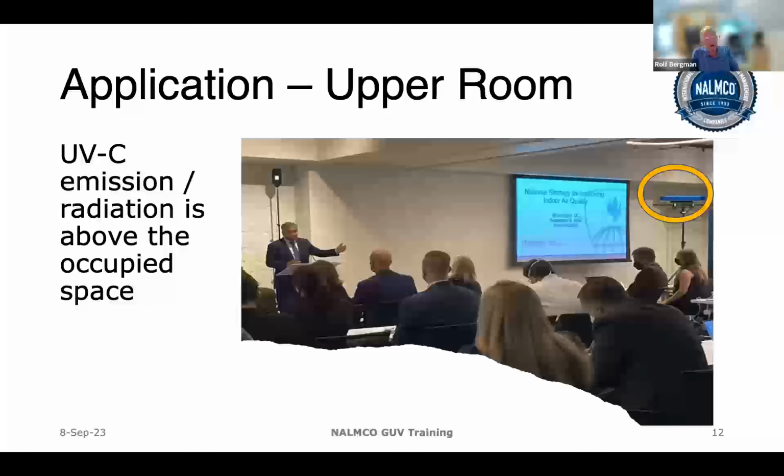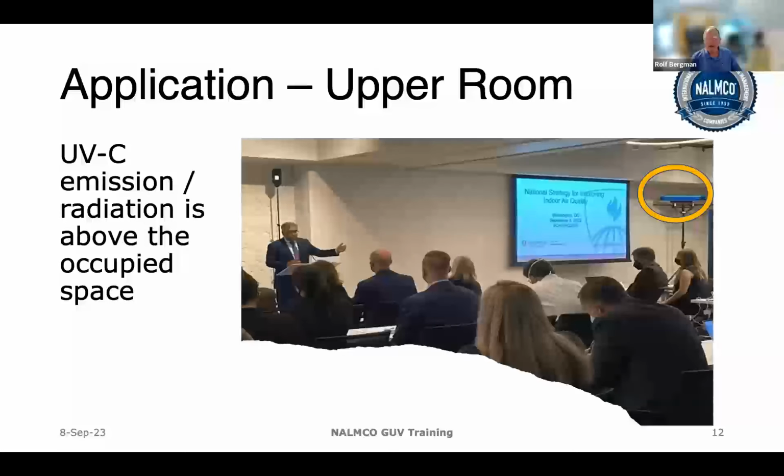So talking about then upper room application, we see over on the right, the yellow circle, an upper room device having a low pressure mercury lamp with a reflector, and in front of it are louvers that prevent the light from spreading downwards or too much upward.